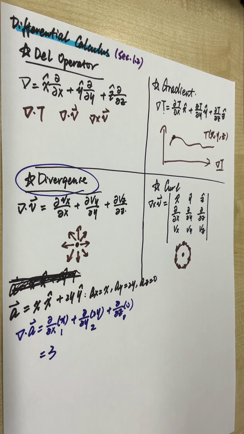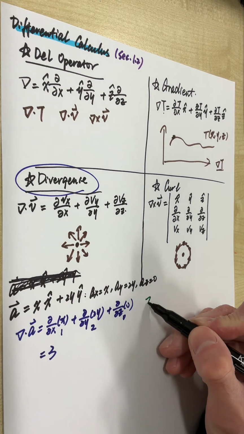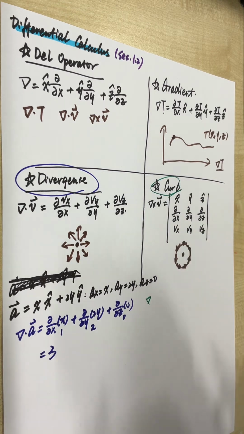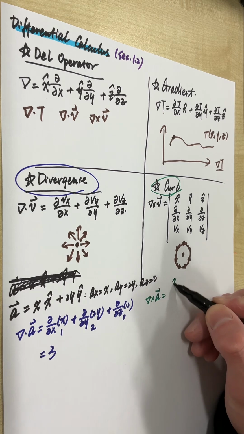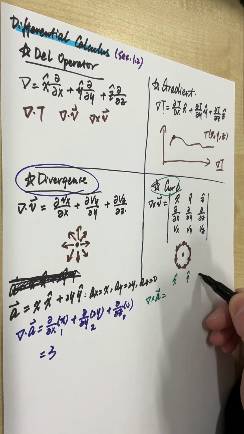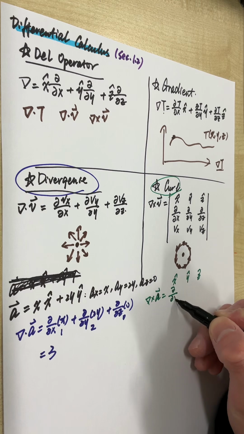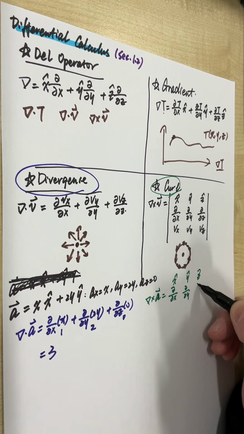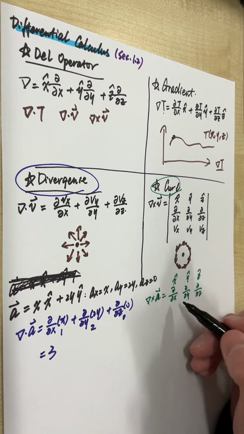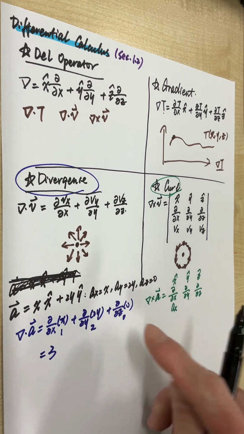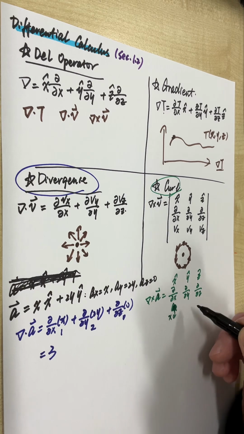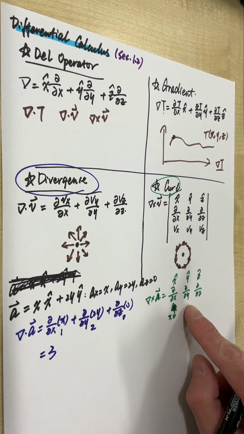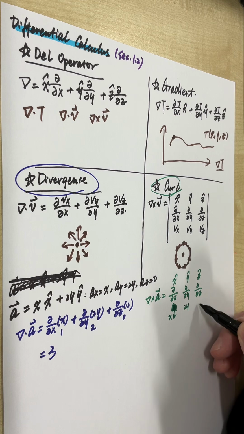And then next, let's calculate the curl. So we have x, y, z, d/dx, d/dy, d/dz. And then we have Ax, which is x, Ay, which is 2y, and then 0.